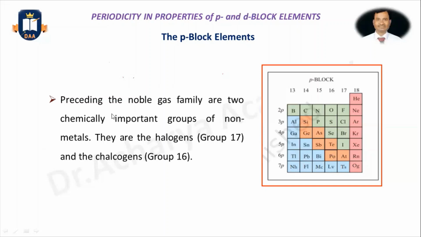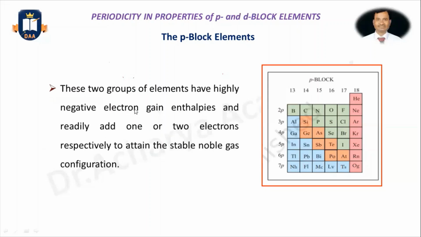So these two groups, group number 16 and 17, are very important in respect of chemical reactivity. And whatever elements are in these two groups are called non-metals, because they are not metals.